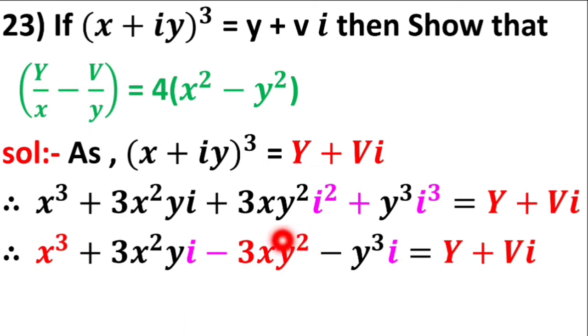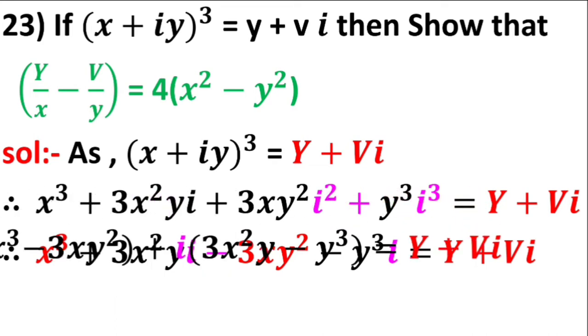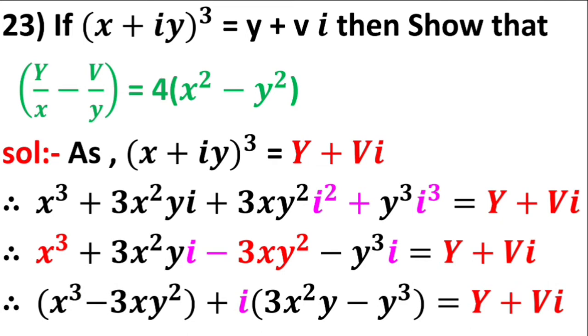Now these terms, the red color terms, means first and third term, which are free from i, you have to collect these two, and the i terms you have to take i common from the second and last term. So you will get in bracket x cube minus 3xy square, plus taking i common, i into bracket 3x square y minus y cube, is equal to y plus vi.